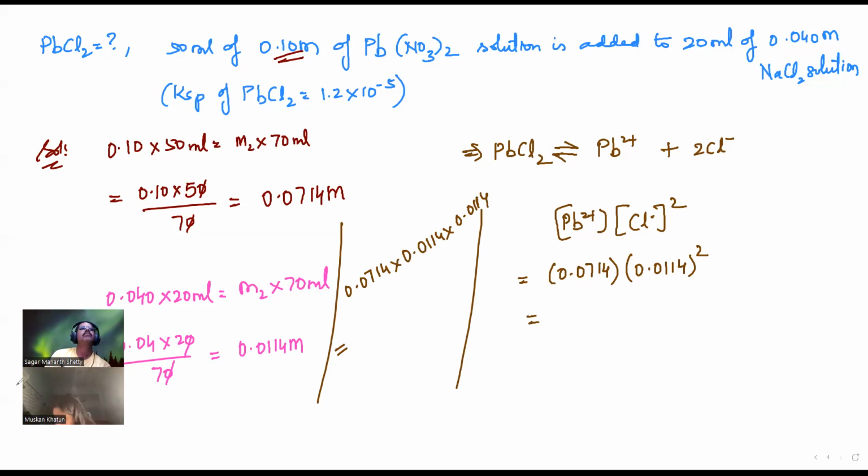It's a huge value. I got it as 0.0000009 and so on.